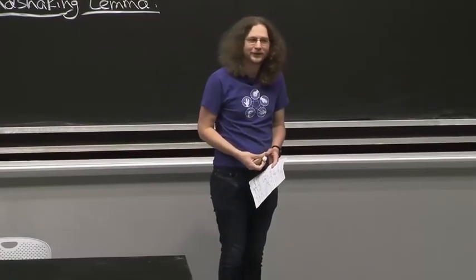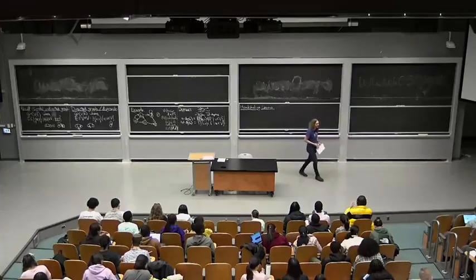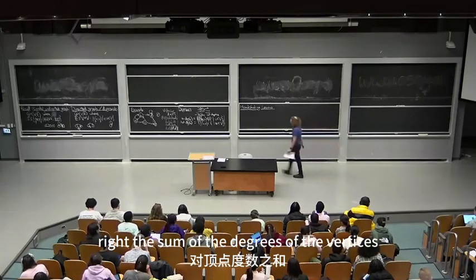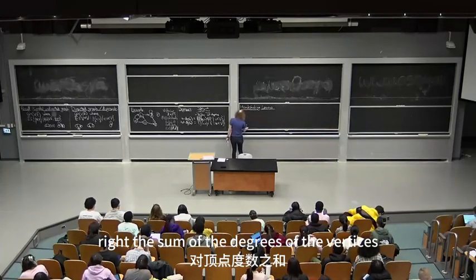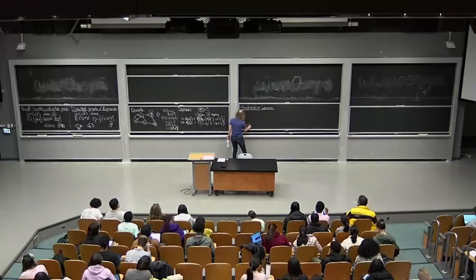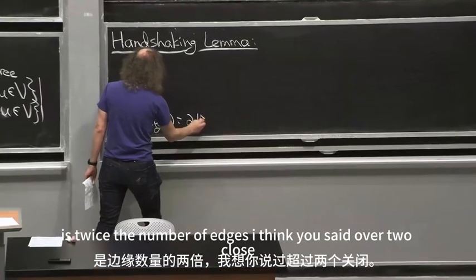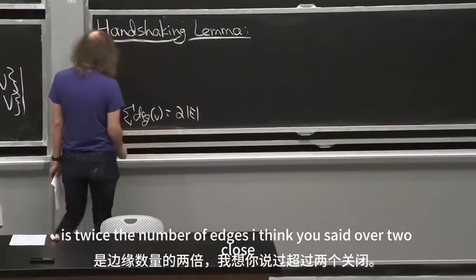Right. The sum of the degrees of the vertices is twice the number of edges. I think you said over 2, but close.